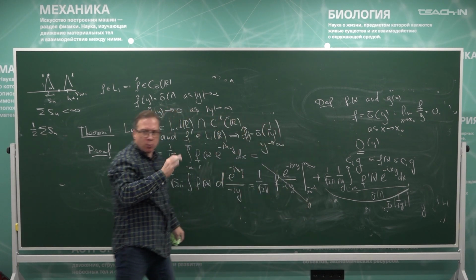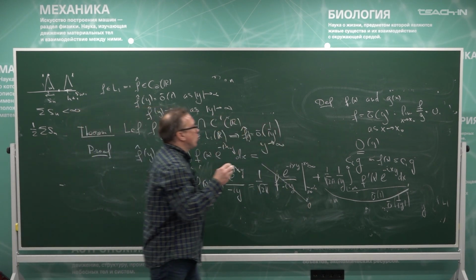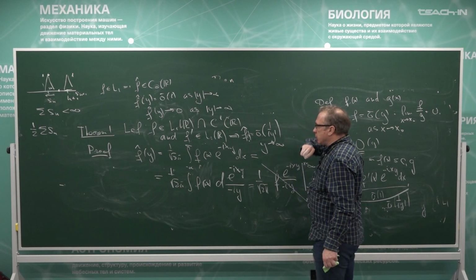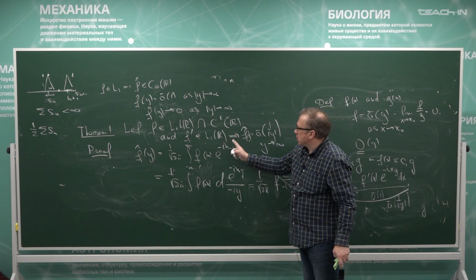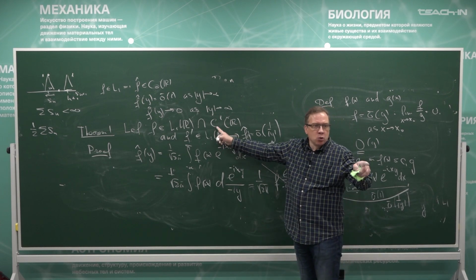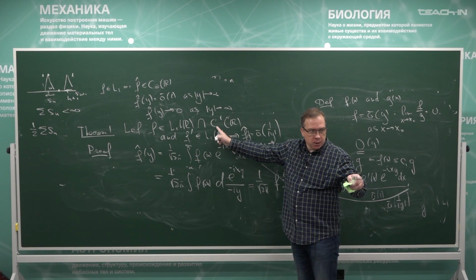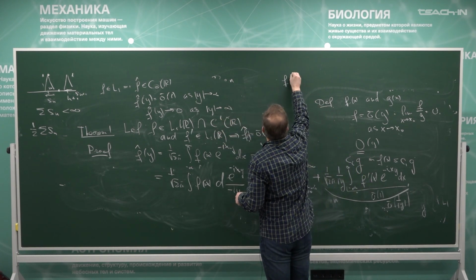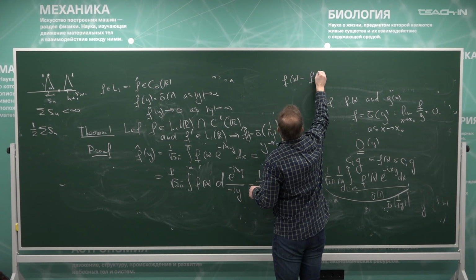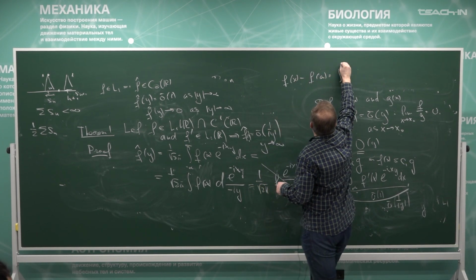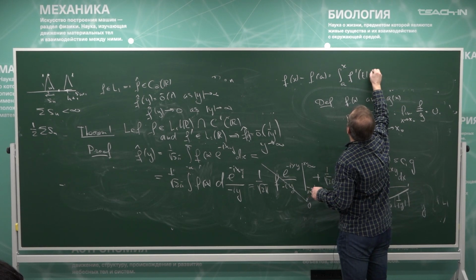Let me prove it more strictly. The function is differentiable, so you can write the Newton-Leibniz identity: f(x) minus f(a) equals the integral from a to x of f prime of t dt.